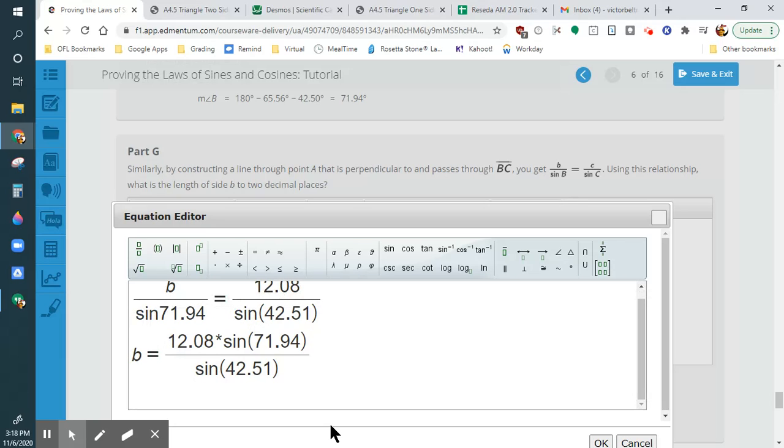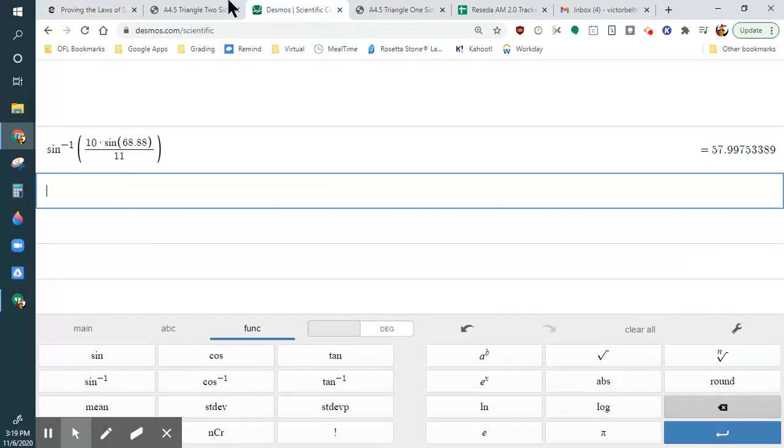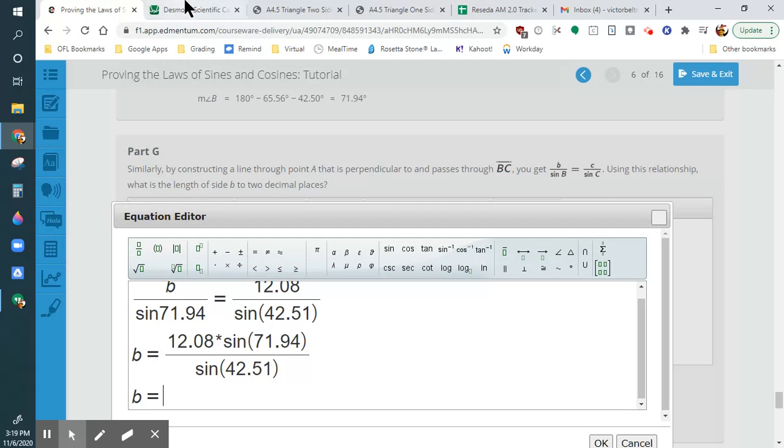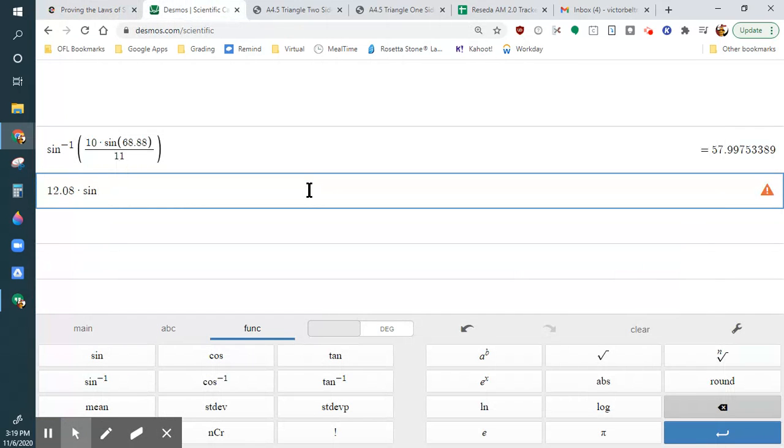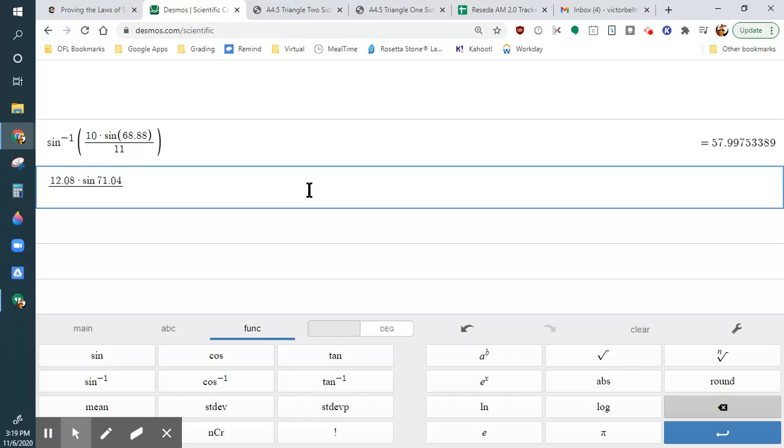All right, gonna calculate all this into my Desmos. 12.08 times sine of 71.04. All of this divided by sine of 42.51, and I get 16.9.